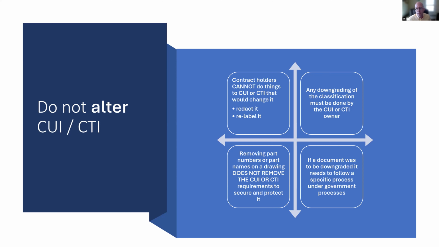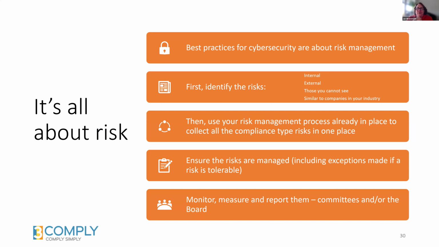So you as a business, if you are in receipt of that, you have to treat the information the way that it's intended to be treated. Only the government could make a decision about whether they want to downgrade it or not. And it's a little dicey because the government takes this position, but they also tell any supplier, well, if you think it should have been CUI, then you treat it like CUI. So they're trying to bake the cake, eat the cake, get rid of the cake, all at the same time.